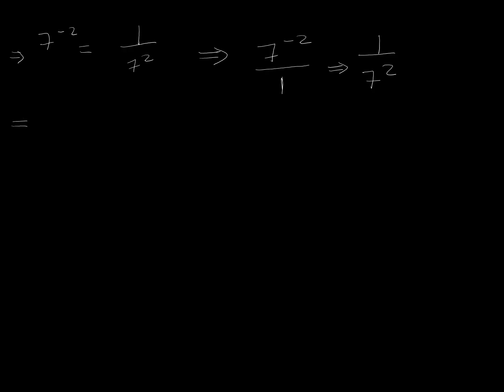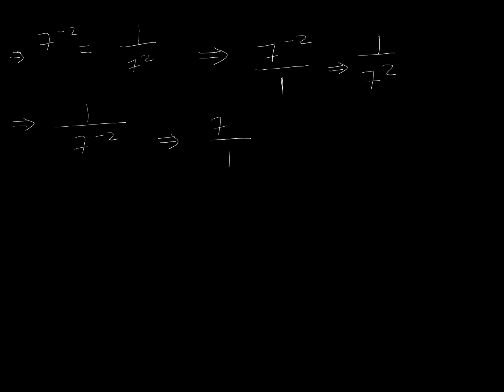So let's say that we have 1 over 7 to the power negative 2. Look at this, we have the negative. So now what will happen is that we need to interchange this, so what is on top becomes bottom, and what we have on the bottom becomes top.